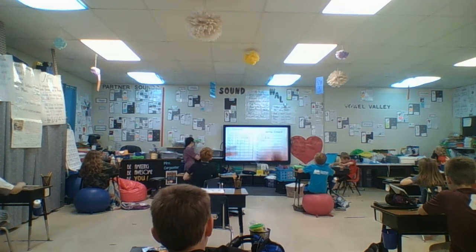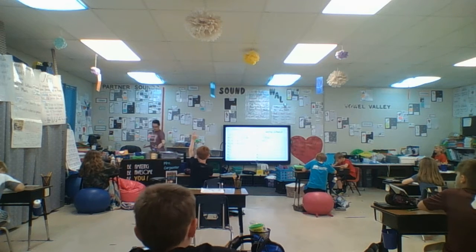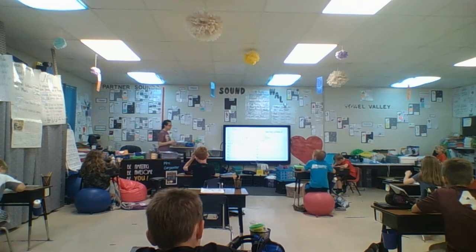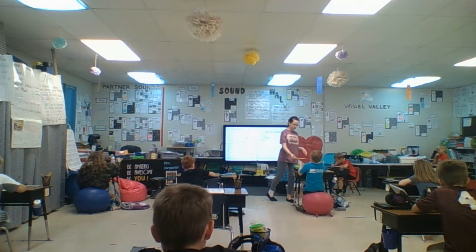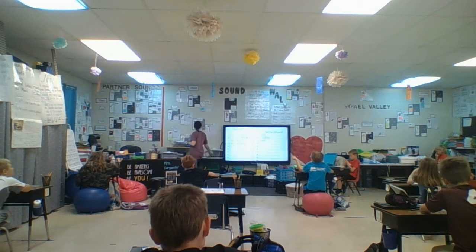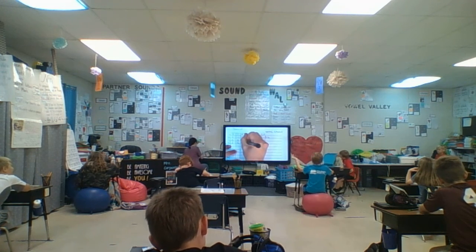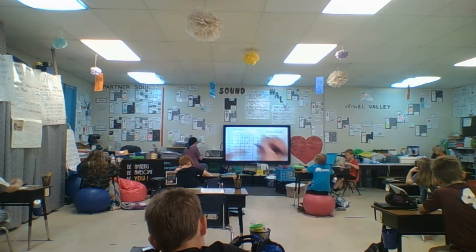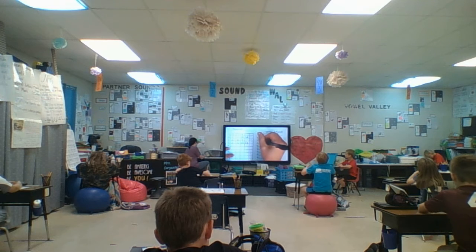T. What says ul? L. Oh, we don't hear the E though, so what do we have to do with the E? Cross it off. Okay. So you guys just told me L-E, but cross off the E because we do not hear that E. So now let's spell it out.